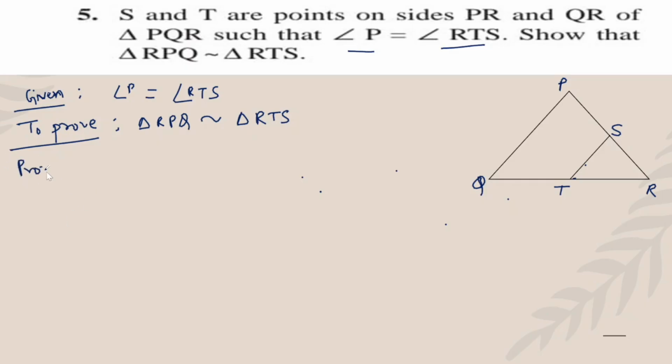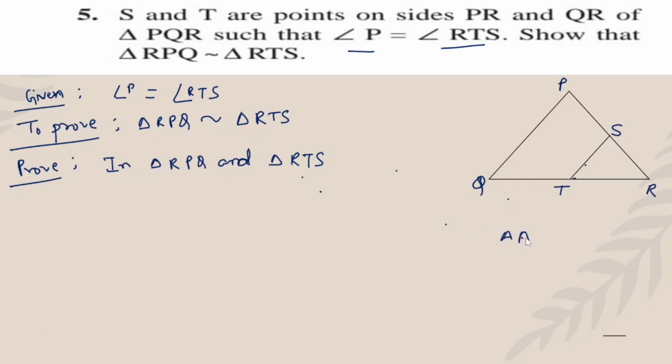So proof. In triangle RPQ and triangle RTS, we know there are three criteria to prove similar triangles.